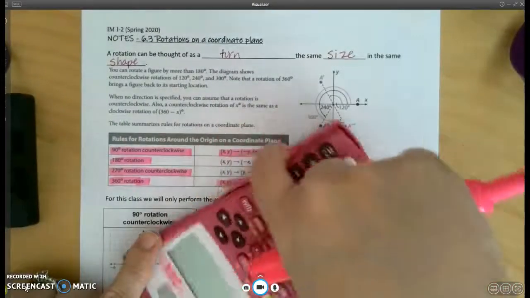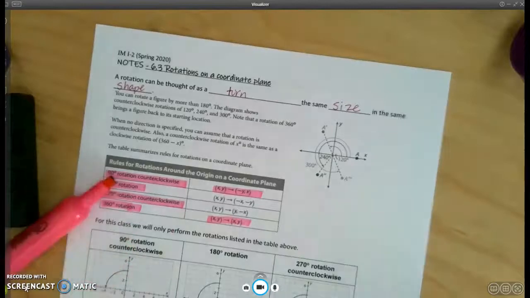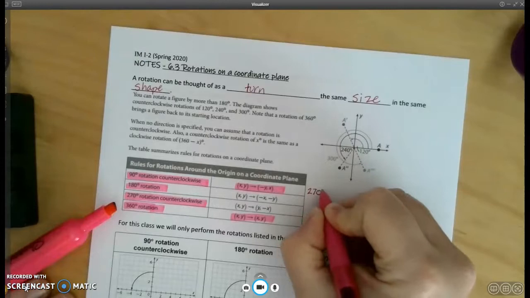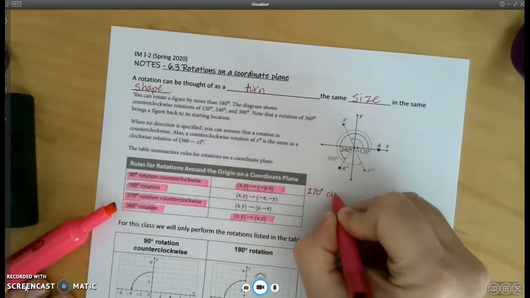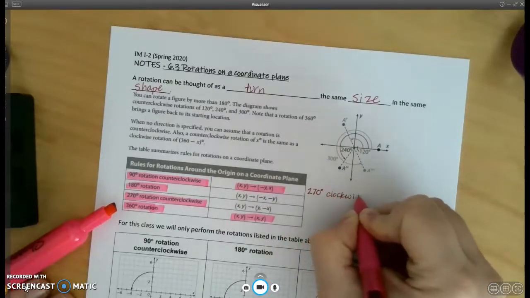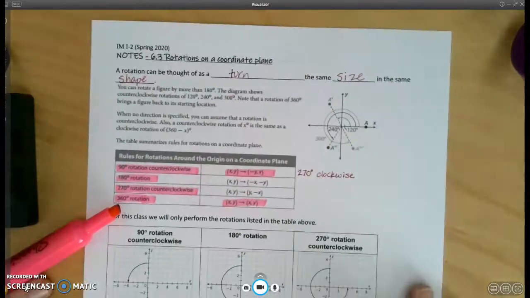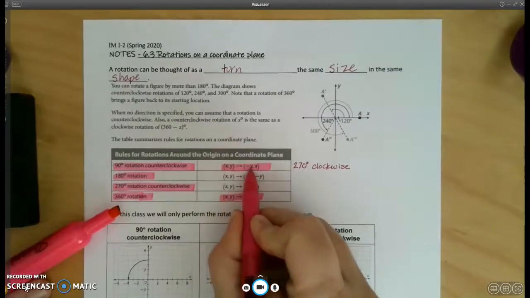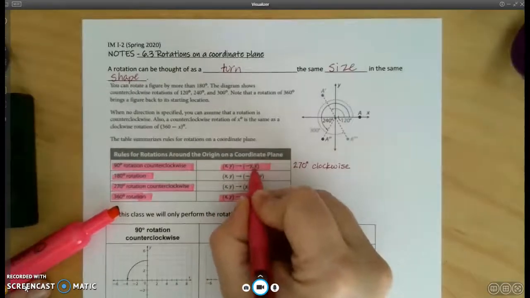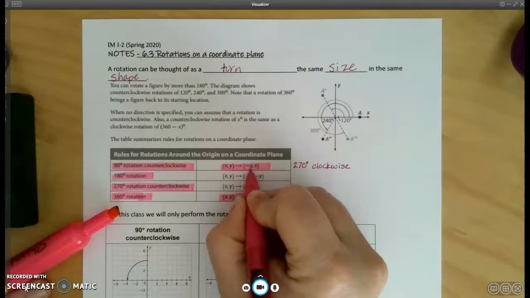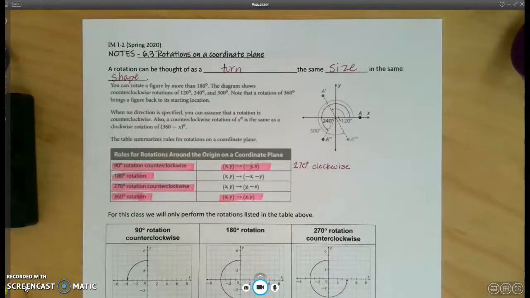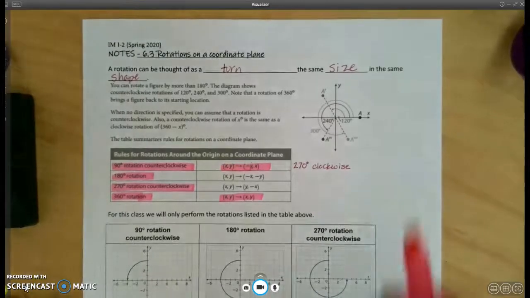Looks like 3/4 of a turn, which is 270 degrees. So a 90 degrees rotation counterclockwise is the same as 270 degrees clockwise, because both end up with my calculator the same way. And that means you're going to take your X and your Y value, you're going to switch them, and you're going to take the opposite of your Y value. Negative Y means you're going to take the opposite of it. So if it's positive, you make it negative. If it's negative, you make it positive.